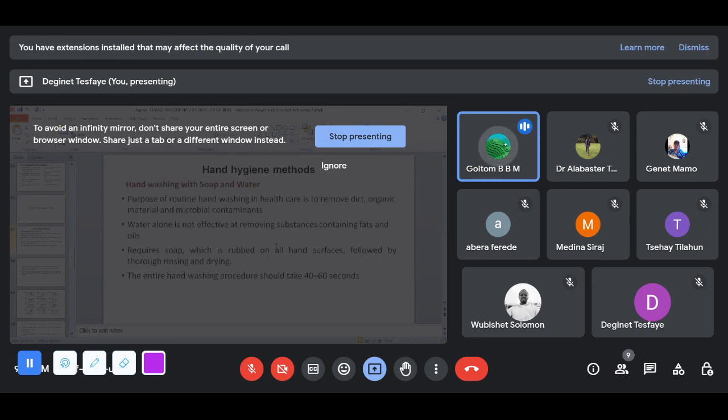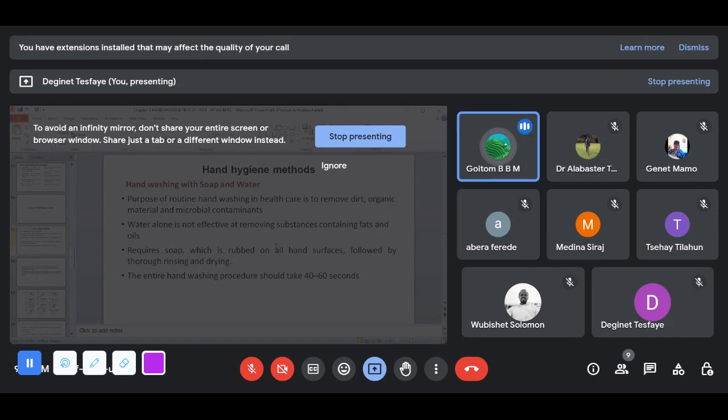The hand hygiene methods include hand washing with soap and water. The purpose of routine hand washing in healthcare is to remove dirt, organic material, and microbial contaminants. Water alone is not effective in removing substances containing fats and oil.